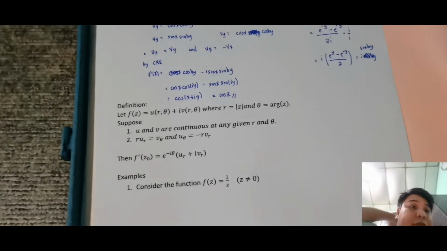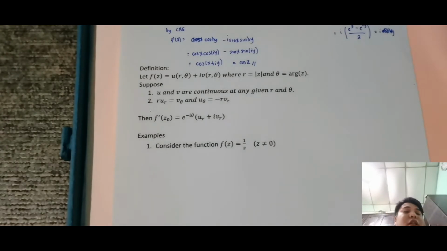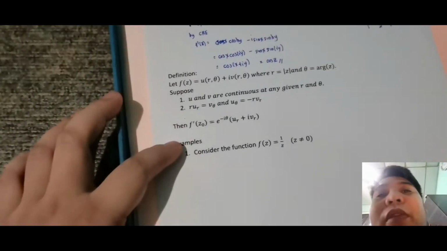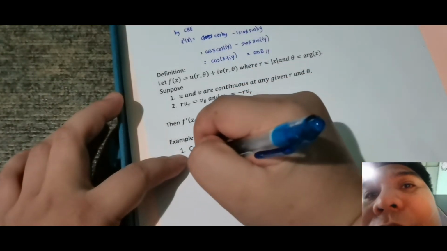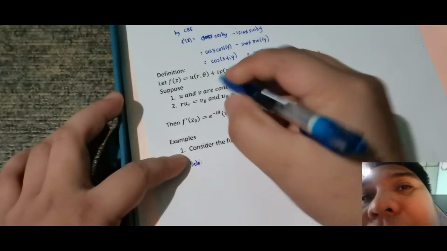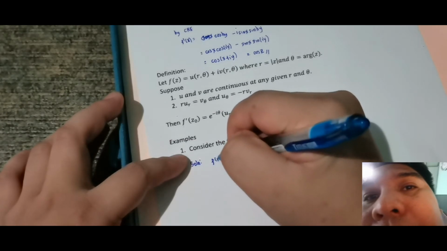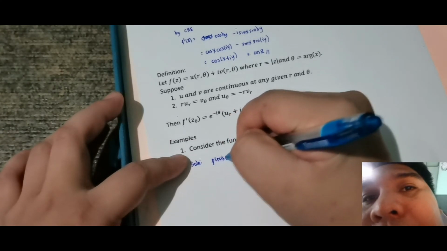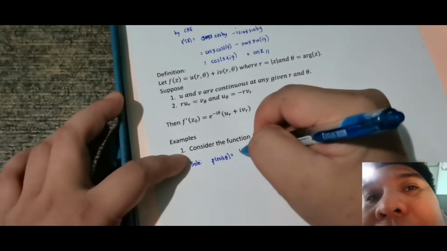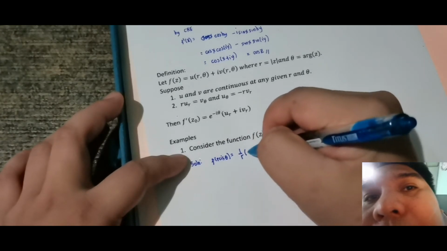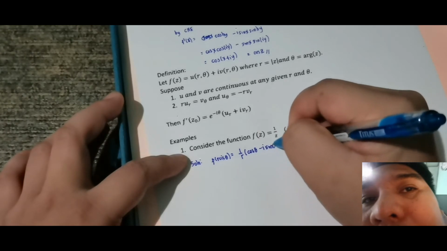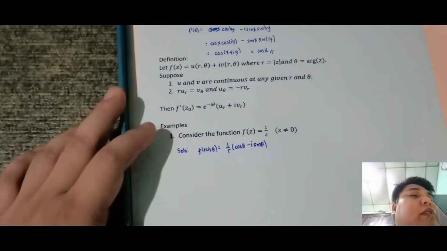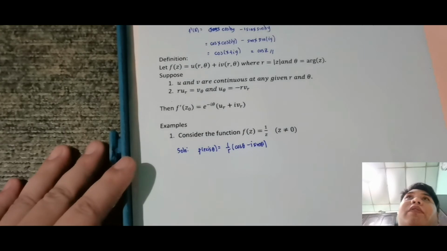Consider yung example natin. Sabi, consider the function f of z is equal to 1 over z where z is not equal to 0. Kung naaalala nyo, pag in-evaluate natin siya, actually ginawa ko to last time, yung f of r cis theta ay equivalent sa 1 over r times cosine theta minus i sin theta. Okay, I think sa video number 7.